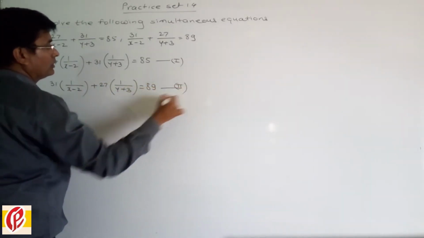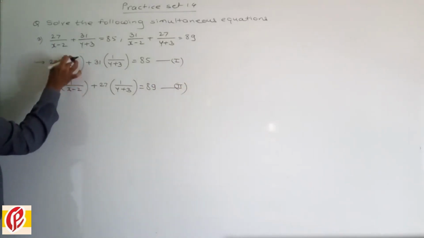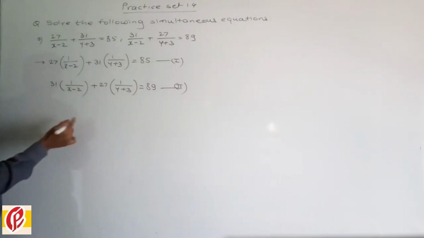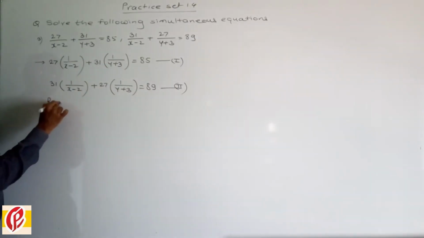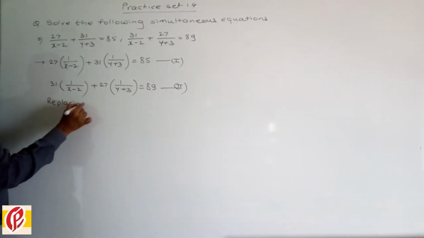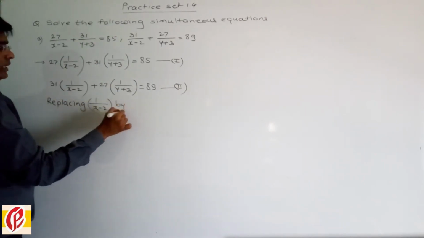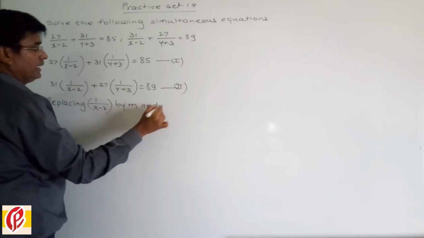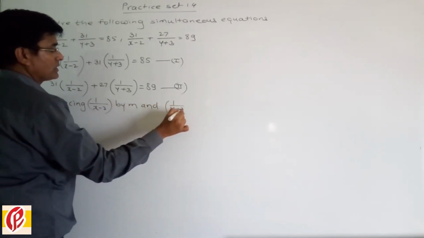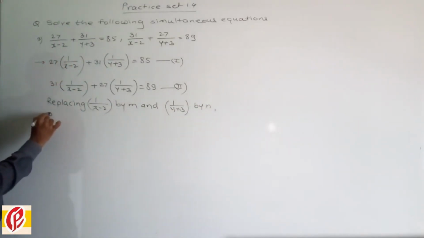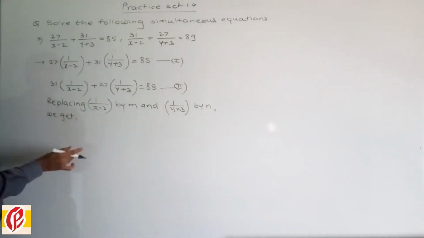Equation number 2. Now replacing this 1 upon x minus 2 and 1 upon y plus 3 by new variables m and n. So replacing 1 upon x minus 2 by m and 1 upon y plus 3 by n, we get two equations.